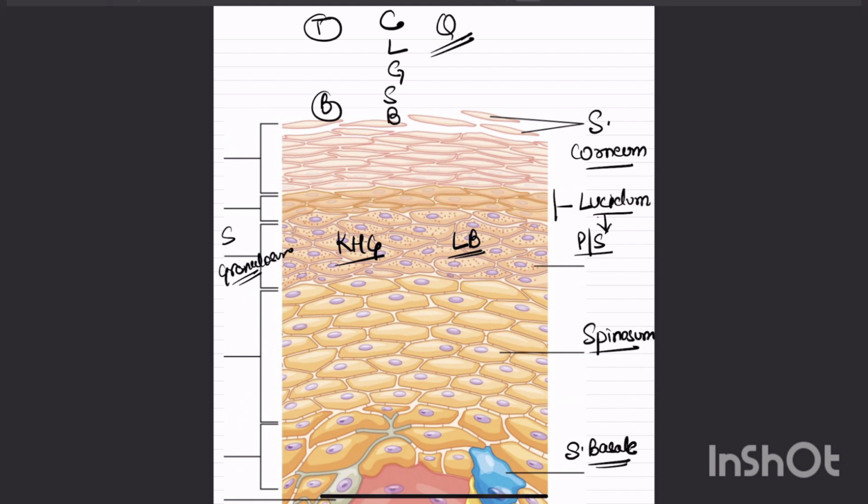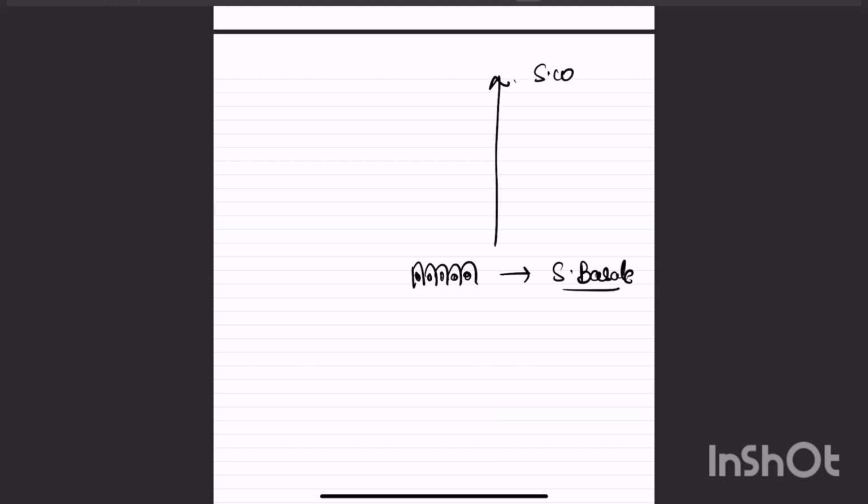Now, what particularly happens when we move from basal layer to topmost layer? In stratum basale, we have tall columnar cells with nucleus in the center, and when we go to top, that is in stratum corneum, the cells become flattened and non-nucleated or anucleate.